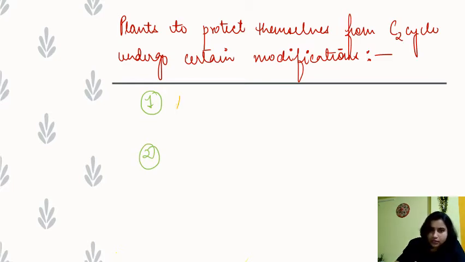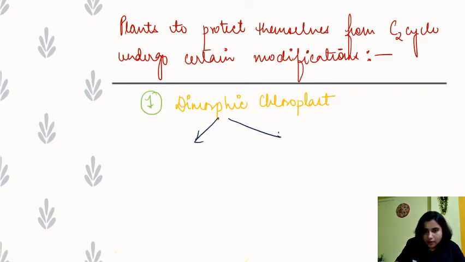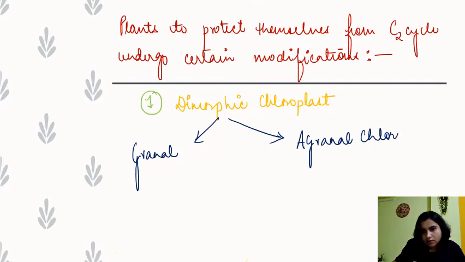It shows dimorphic chloroplast. Dimorphic chloroplast means it has two types of chloroplast: one is granule and another is agranule chloroplast.